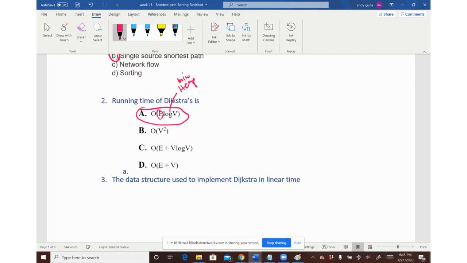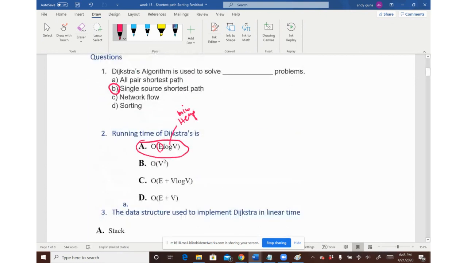There's another term, but E log V is the largest term. So the correct answer is E log V.